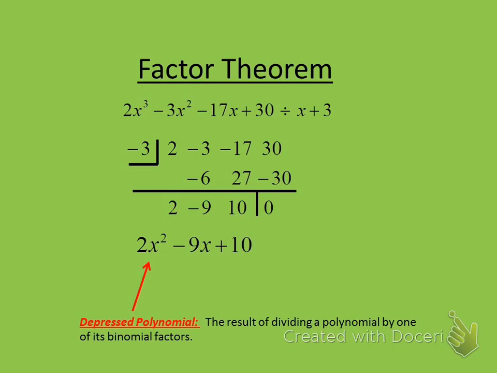I guess it's sad that it lost one of its factors. Depressed polynomial, by definition, is the result of dividing a polynomial, the 2x cubed minus 3x squared minus 17x plus 30 part, by one of its binomial factors, which is x plus 3.